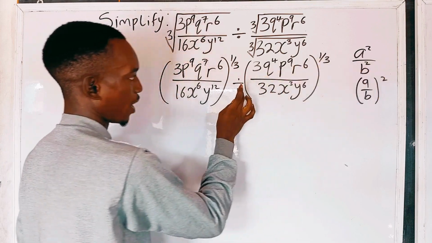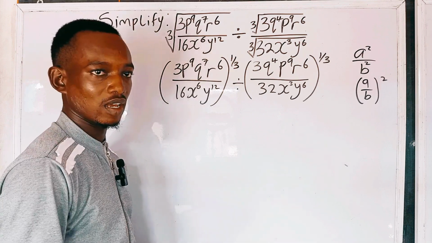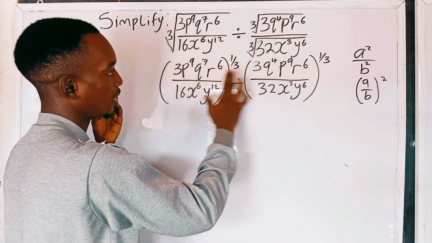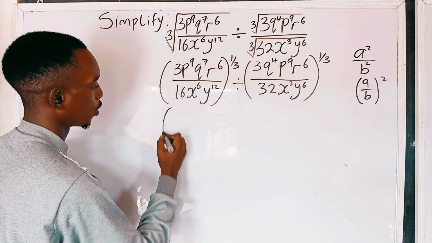Now, we are not done also. Similarly here, we are dividing these two and they have the same power. We can also join them together, sharing one common power so that we can easily evaluate them. So we can rewrite this as one big bracket.